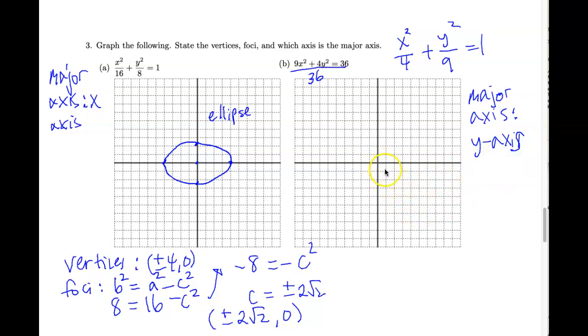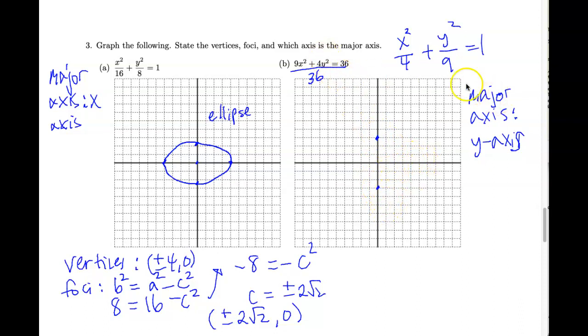And so when it shifts, I'll always just do that major axis first. And so again, if you find the intercepts, cover all this up, you're going to solve for y squared over 9 equals 1 and get y equals plus or minus 3. So 0, 3, and then 0, negative 3.